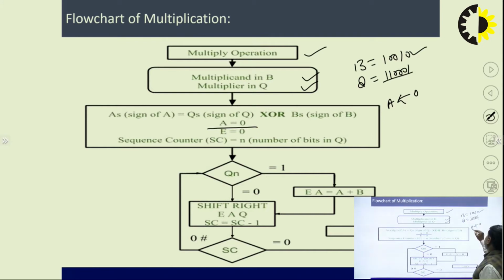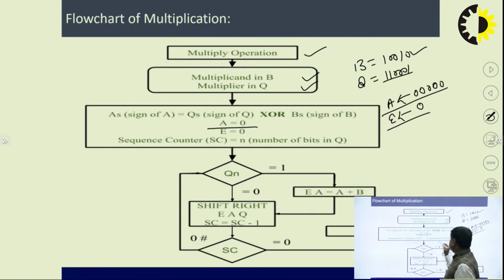It means here A should be 6 zeros. Now in starting, that is the E. E is a flag register in which we can store the carry bit when we perform the addition operation after the multiplication. It means in starting, carry is also 0, no problem.